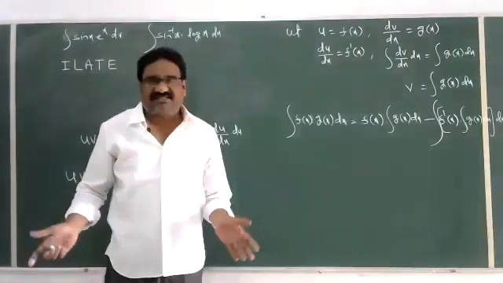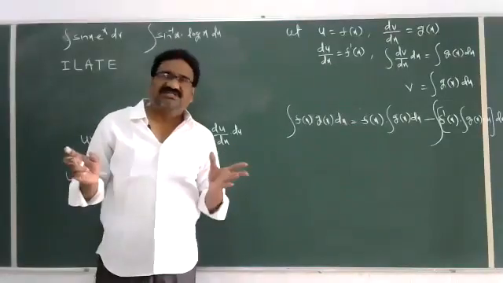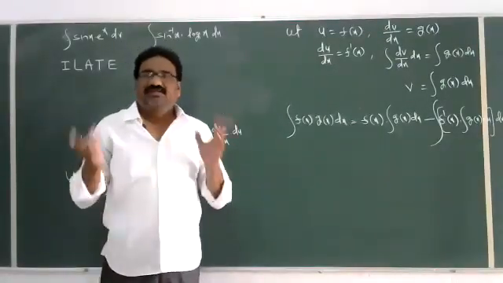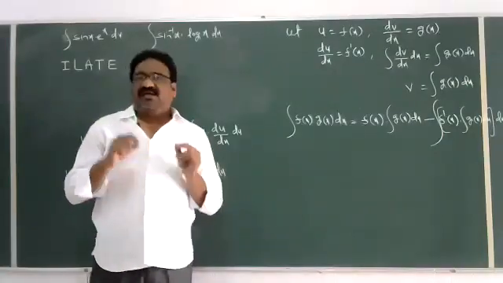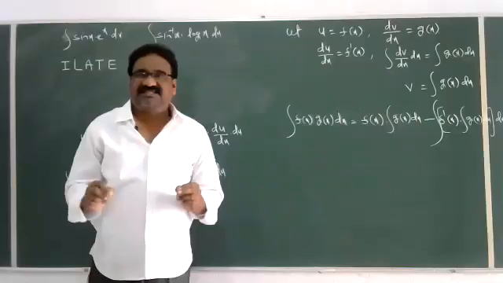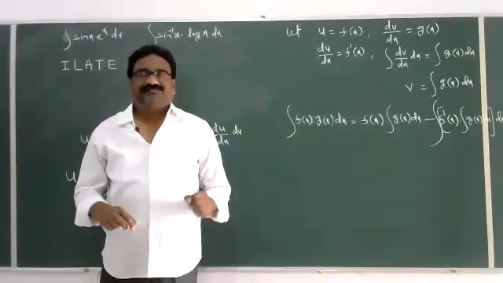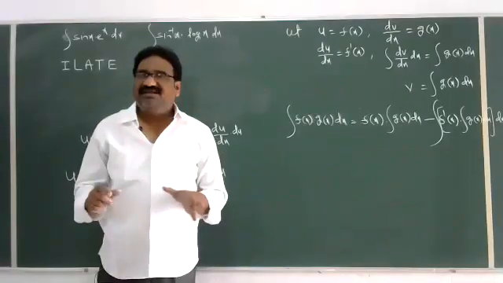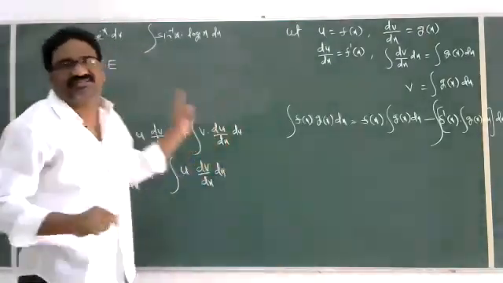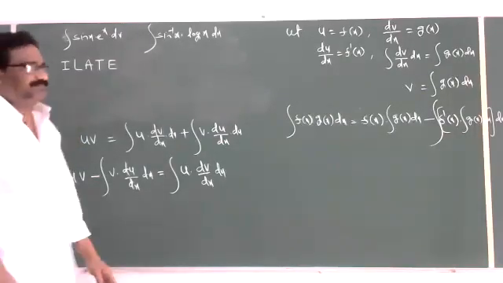In some rare cases we can take any function as the first function and we get the answer. That is a minimum number of cases. In 100%, only 5% of cases are like that, so you can follow this rule, the ILATE rule, in 95% of cases. Yes, right. Note.